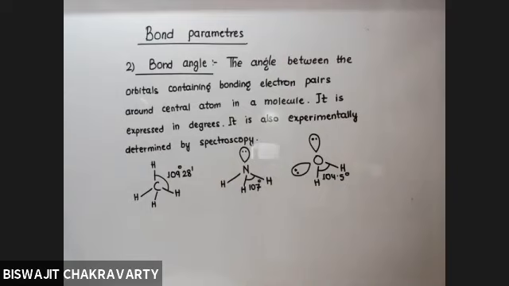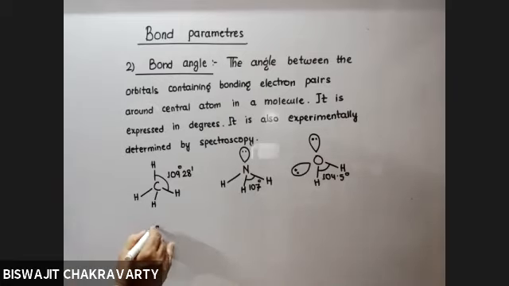So again, I am asking all of you, what is the common thing between all the 3 molecules? The central atom is surrounded by how many pairs of electrons? 4.